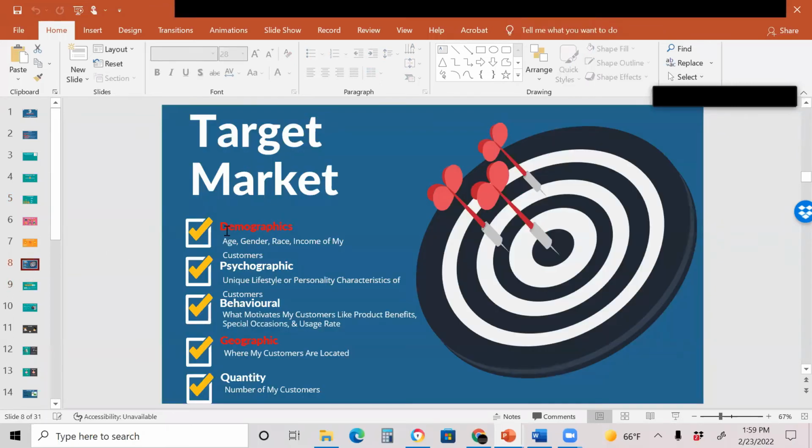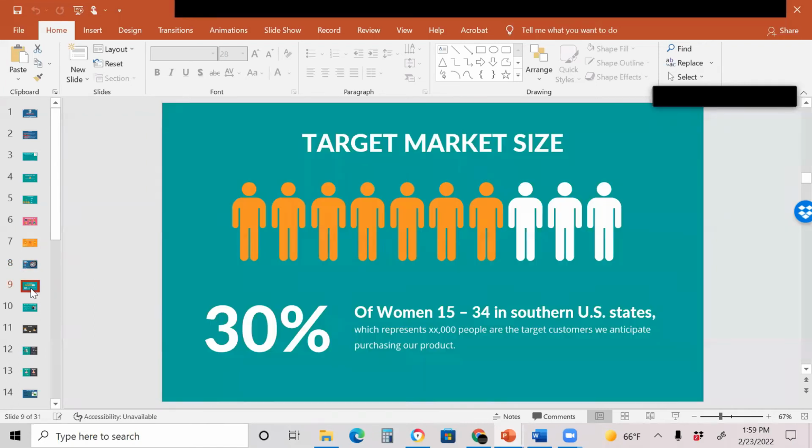When we talk about target market, it focuses your attention on all of these different factors that you're going to want to describe about your target customers: demographic, psychographic, behavioral, geographic, and then a quantity of your target customers. The reason you want to estimate the quantity of your target customers is so that you can do some forecasting and sales estimations, right?